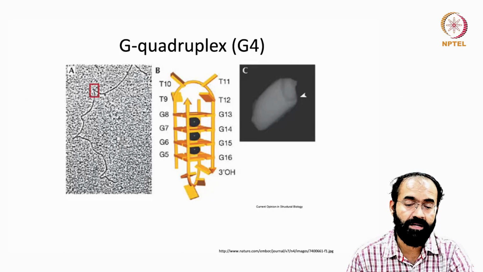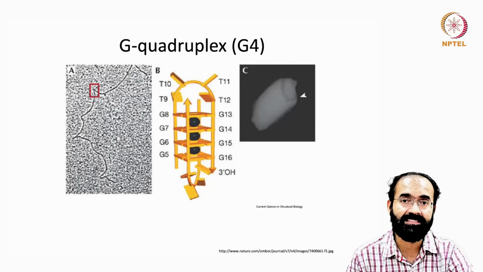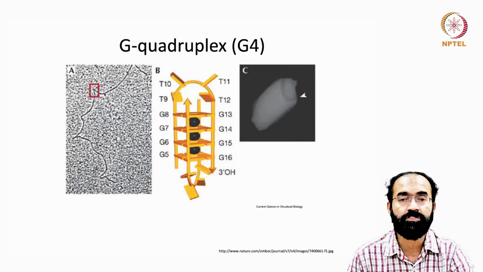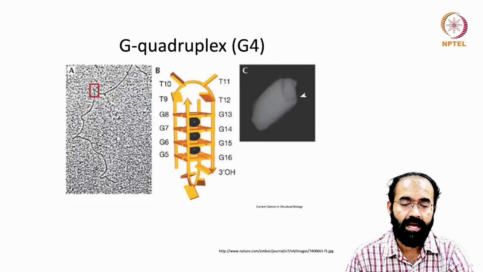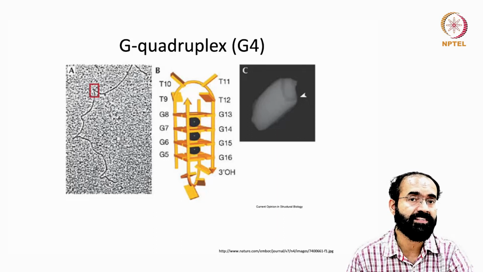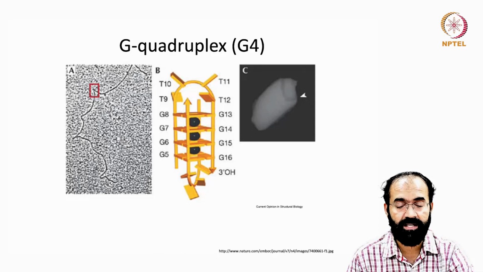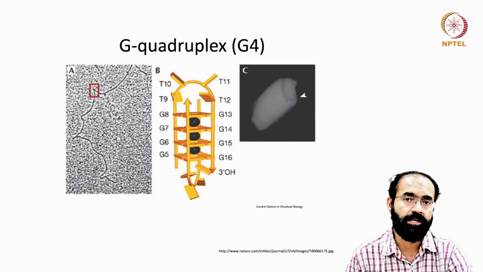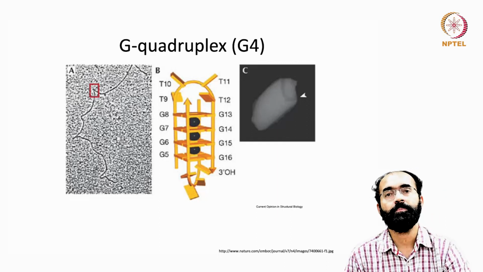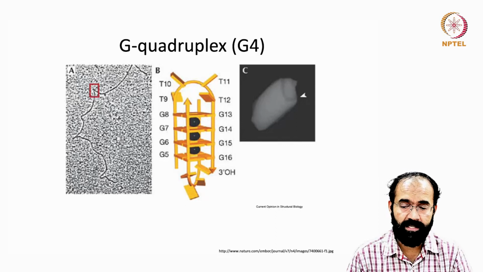It forms a multiple structure of both these strands, and it acts like a multi-storied building, where these are the individual Gs, and you have some specific thymines also, T11, T10 and T9, and then G8, G7, G6, G5, and all these guanosines, because the structure is T2AG3. That is the structure of the telomeric repeats. So they have the potential to build over and over this quadruplex structure, and that will form a very stable telomeric cap.